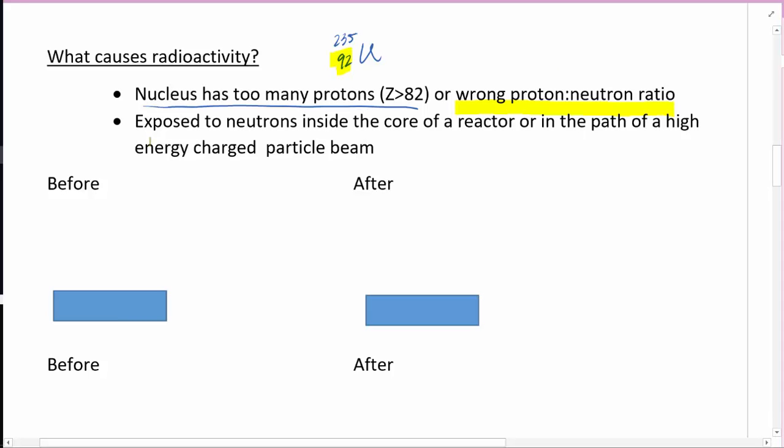Another thing that could cause radioactivity is an element that maybe doesn't have too many protons or the wrong proton to neutron ratio. If it's exposed to neutrons inside the core of a nuclear reactor, which we will talk about later in this self-study course, or if it gets in the path of a high energy charged particle beam, you can cause something to become radioactive. But here's a super crucial thing for you guys to know just as citizens.